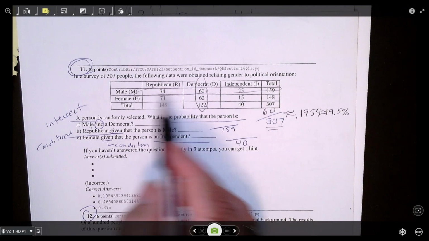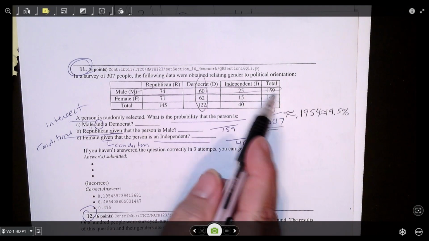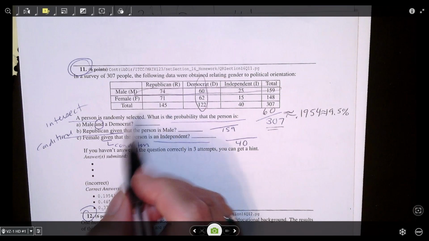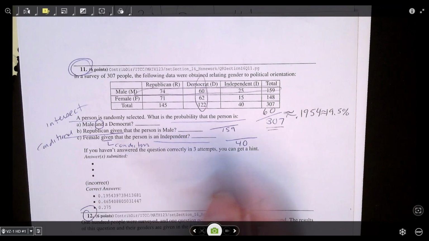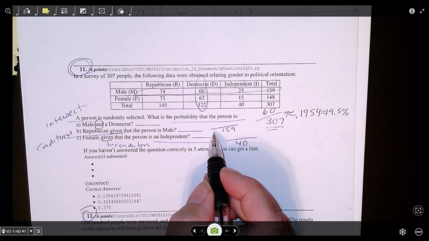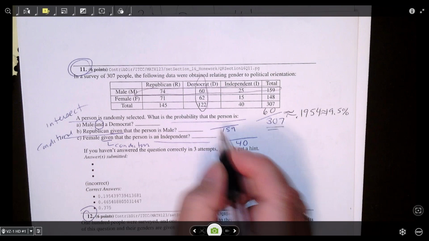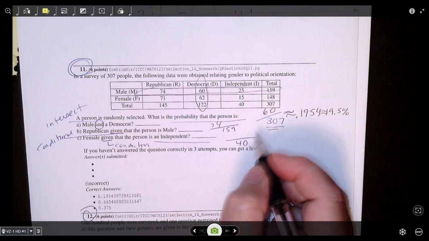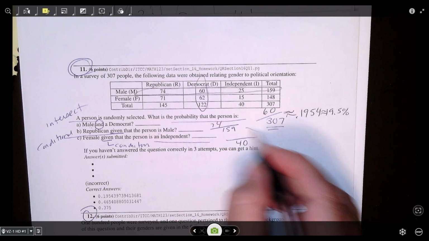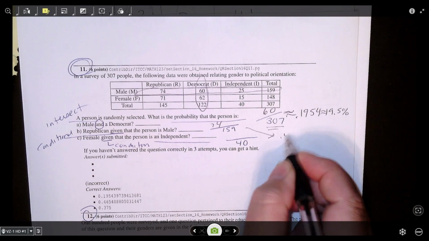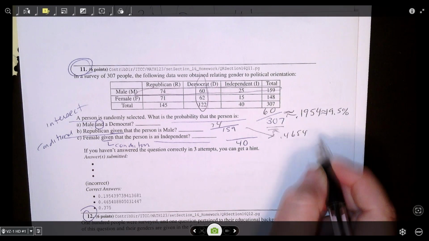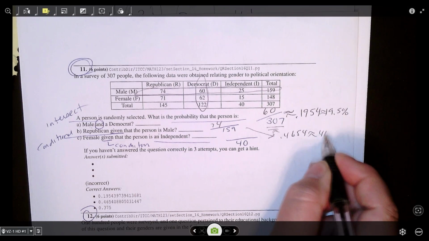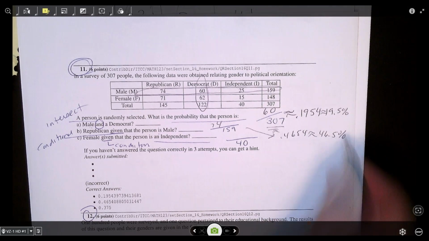So it's just this row. Out of this row, how many are Republican? So what's our numerator? Yep, 74. You divide that out, 0.4654, about, because we rounded, about 46.5%.